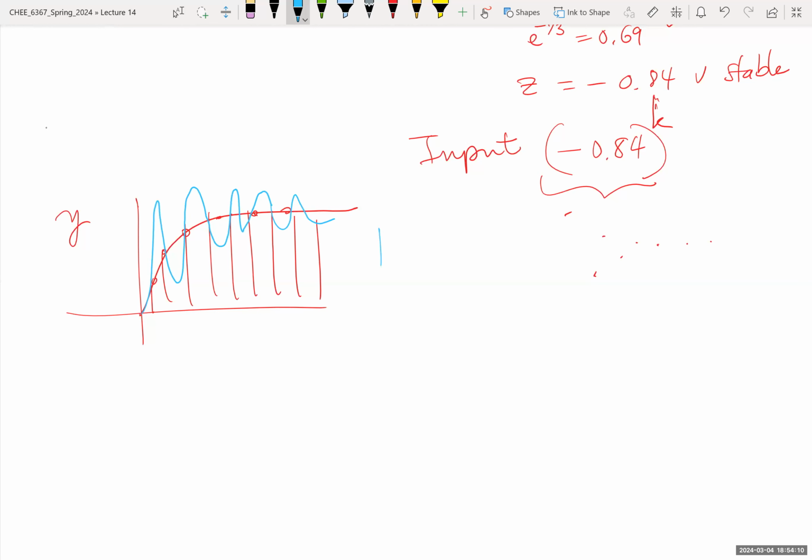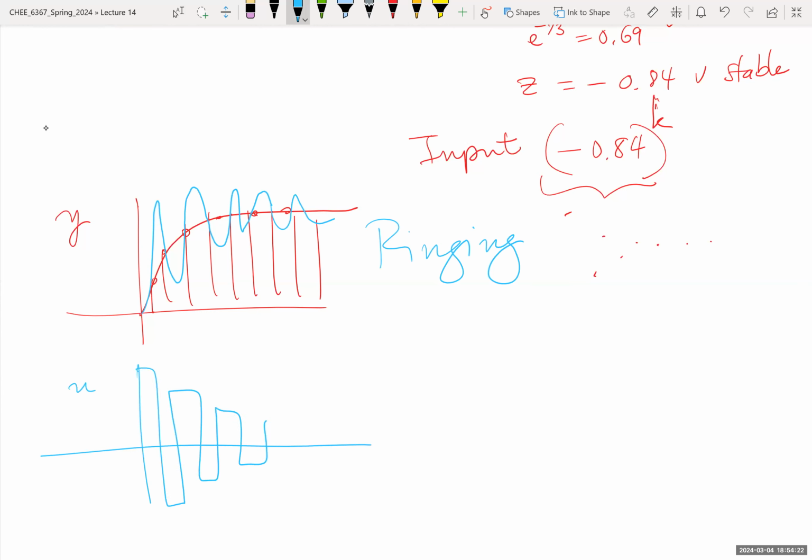That's what is called ringing. And that's because the input u is going to be something like this when made in continuous time. So you may think these nice dots behave so nicely here, but in reality, they do not.